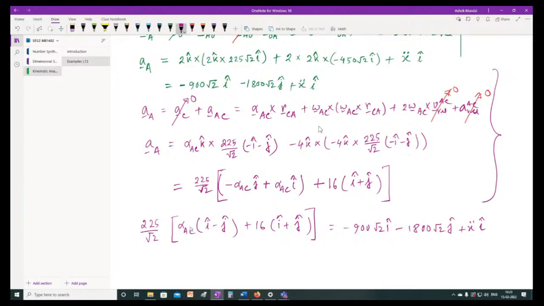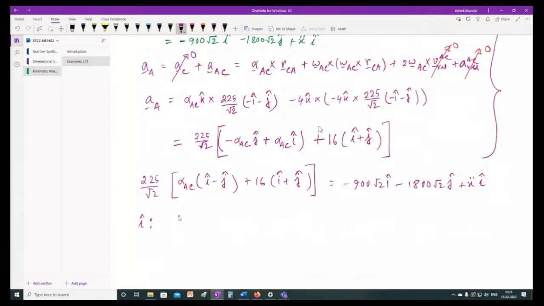Now take the coefficients of I. Sir, K into I is j. Listen, K into j gives you what?